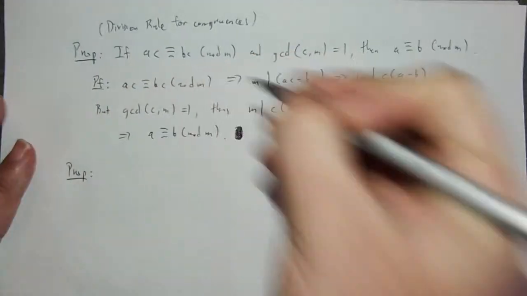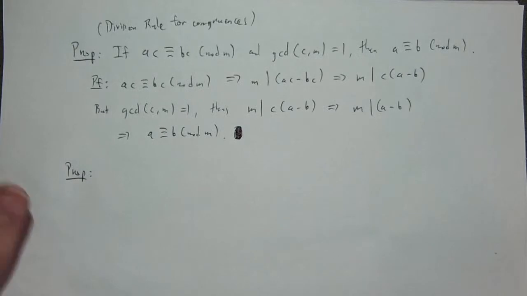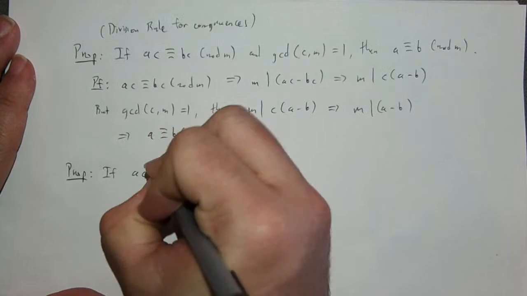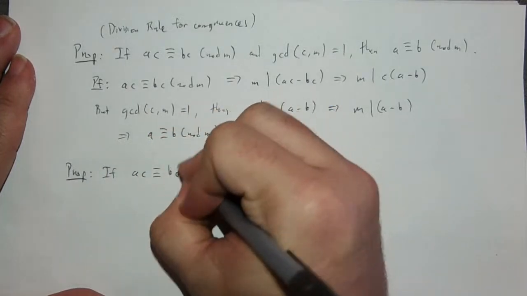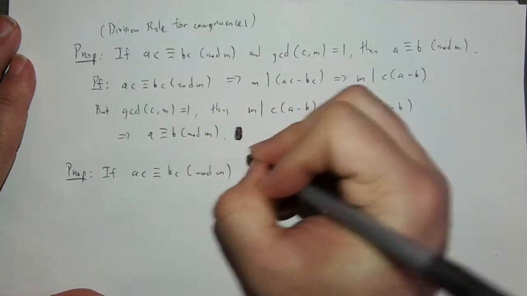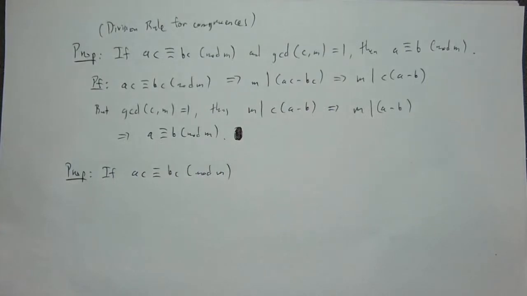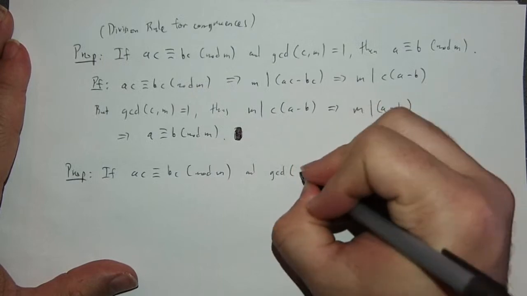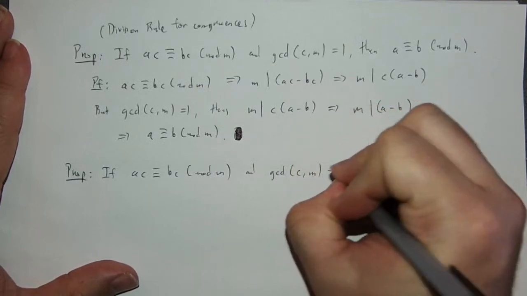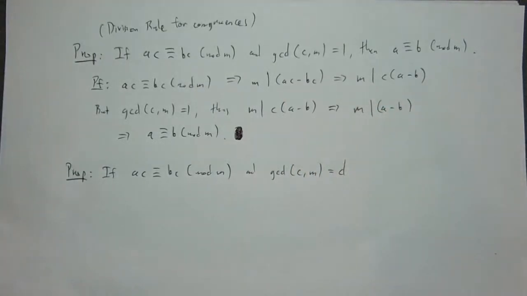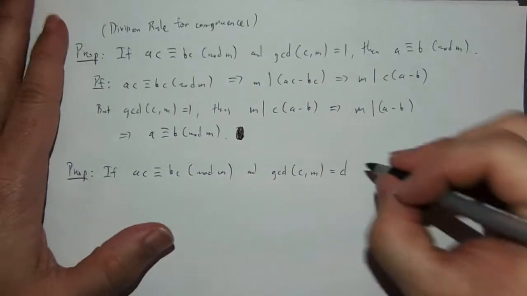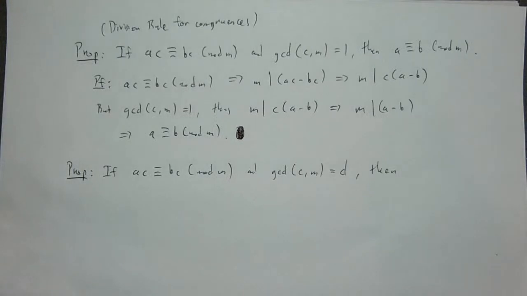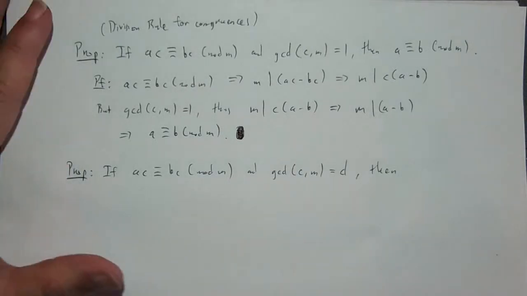So there's the following proposition. If AC is congruent to BC mod M, and the GCD of C and M is D, so not 1, it's some D, then if I want to go ahead and divide by C, I can totally do that.